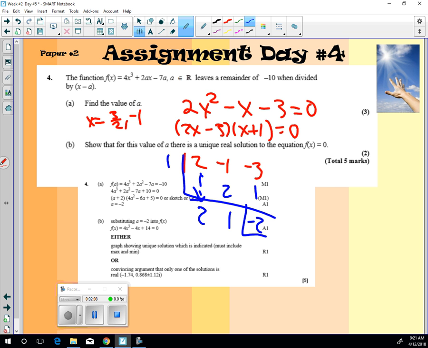The neat thing about this is that if you put a 1 in for this, what do you get? Negative 2. What is negative 2? The remainder. So this theorem, the remainder theorem, simply states that if you put the root, in this case the root was 1, you're going to get the remainder.